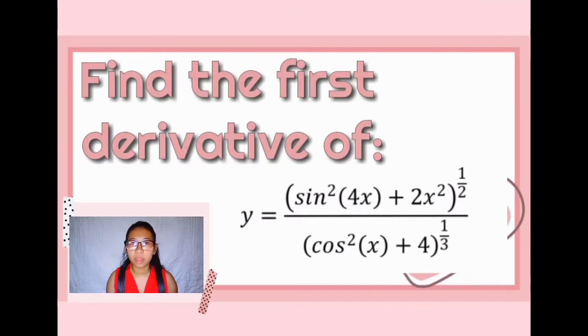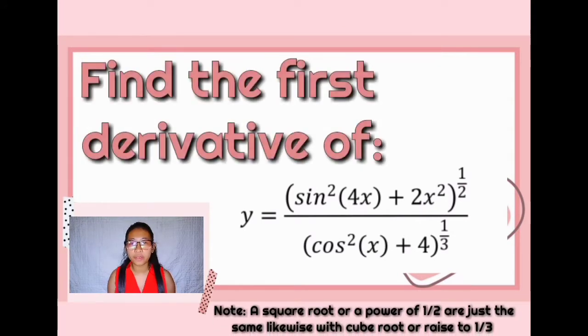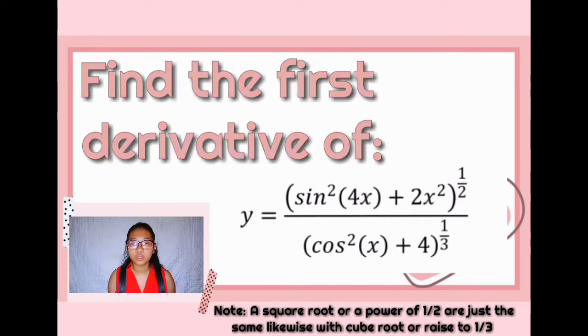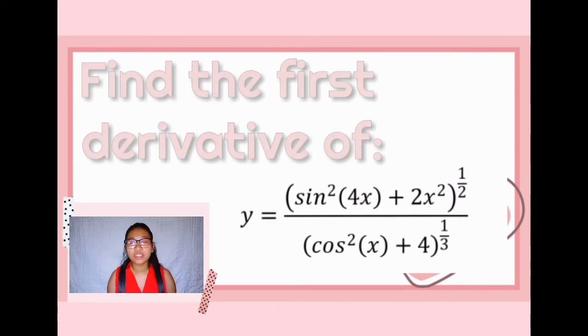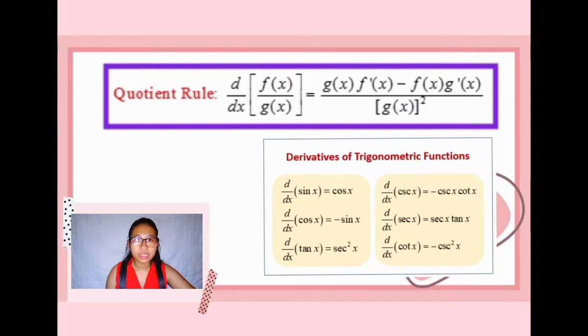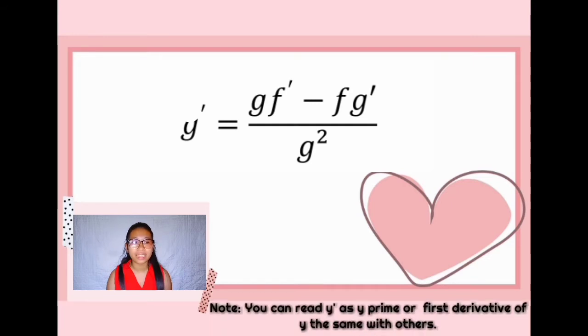The first problem that I created is y is equal to the square root of sine squared 4x plus 2x squared all over the cube root of cosine squared x plus 4. Find the first derivative of it. The first thing to do is to apply the quotient rule, which is the first derivative of y is equal to g f prime minus f g prime all over g squared.